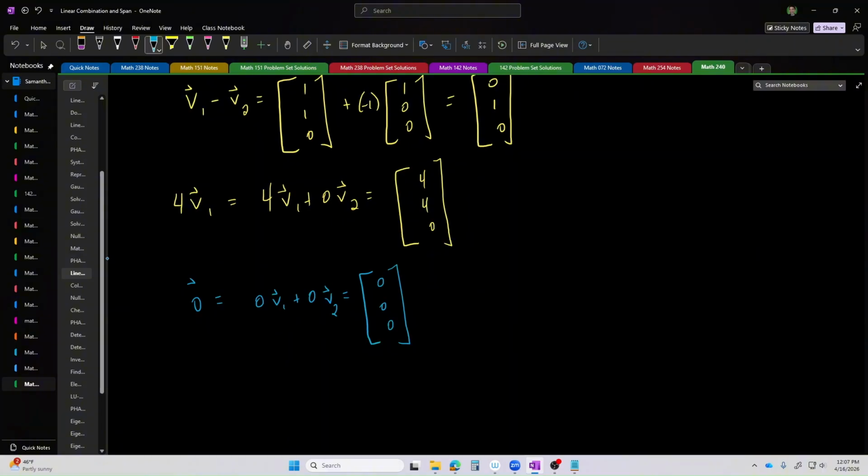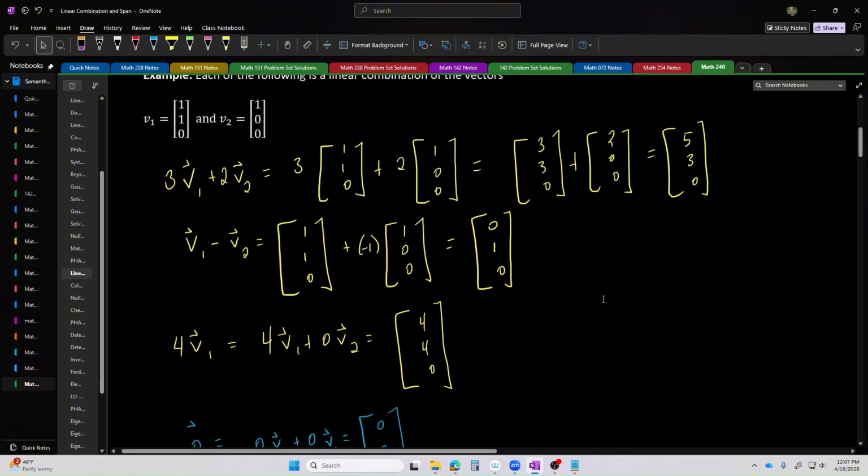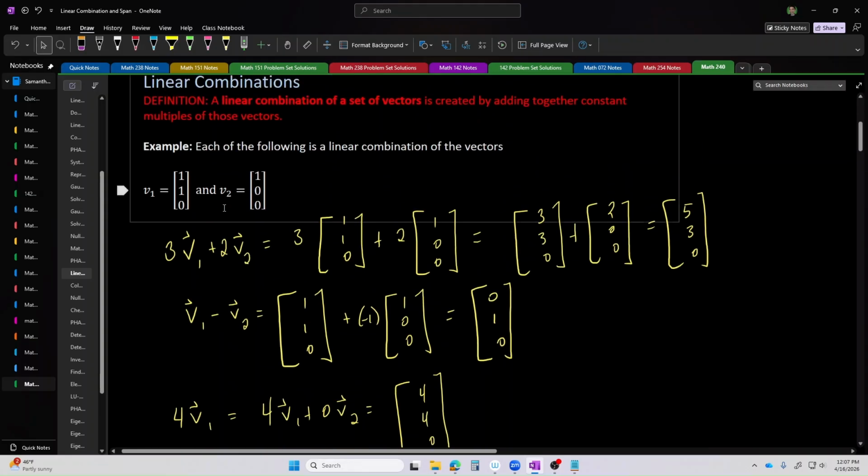So that's linear combination. A linear combination is a vector that can be produced by taking the vectors in your set and mixing them up, combining them using constant multiples and using addition. The way I often think about linear combination is in terms of mixing colors together.